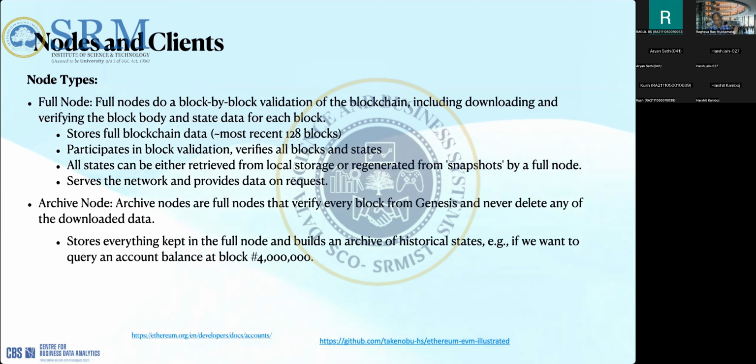For example, if you want to find out the balance for an account XYZ at 4 million blocks, you go to your archive node, pick up the snapshot at the 4 millionth block, and you can verify it, right?